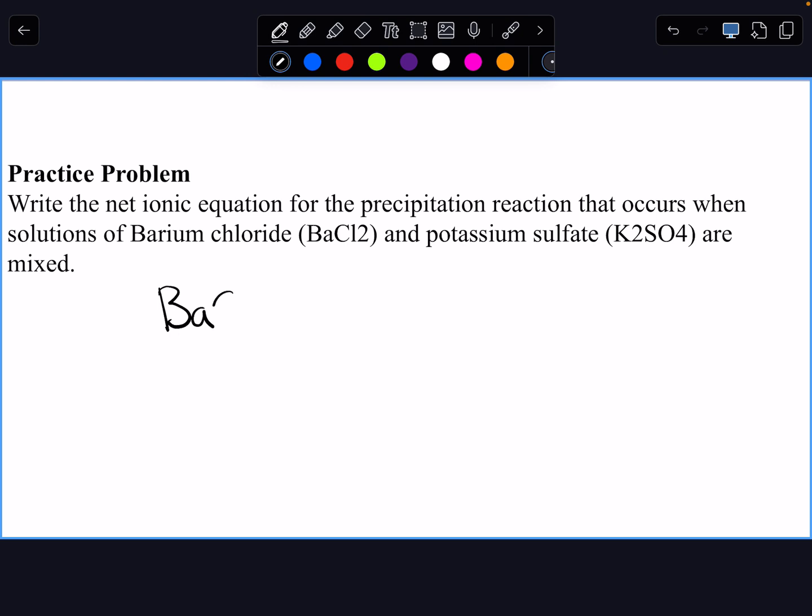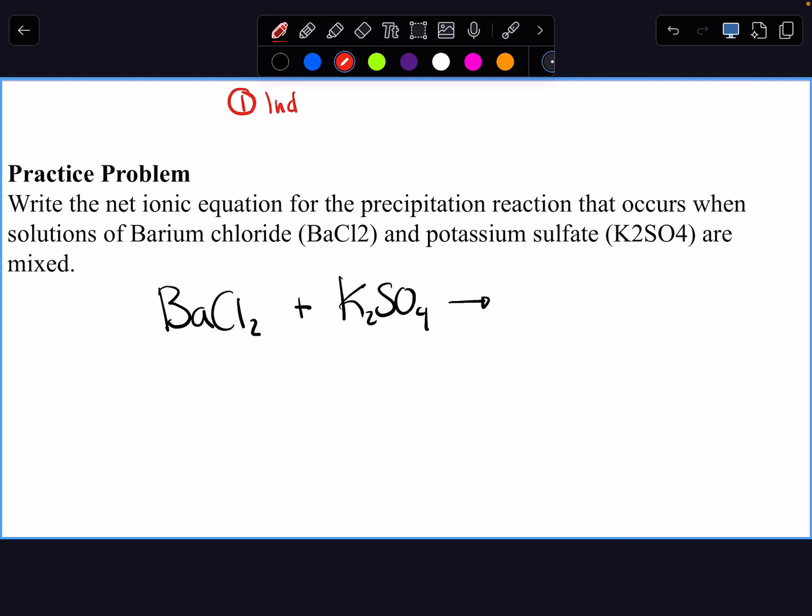Okay, BaCl2 reacting with K2SO4. So we're going to start by writing what's given. Step number 1 after writing what's given is identify individual charges.